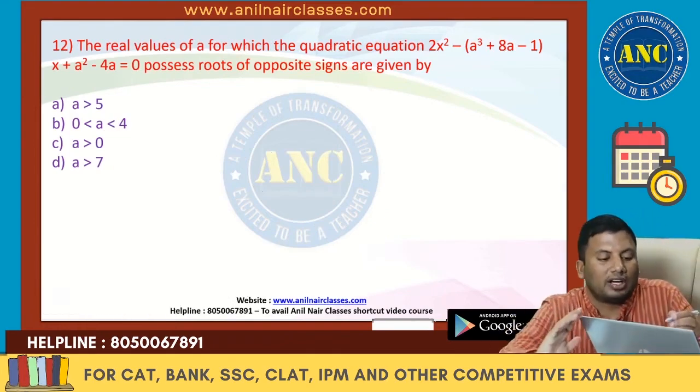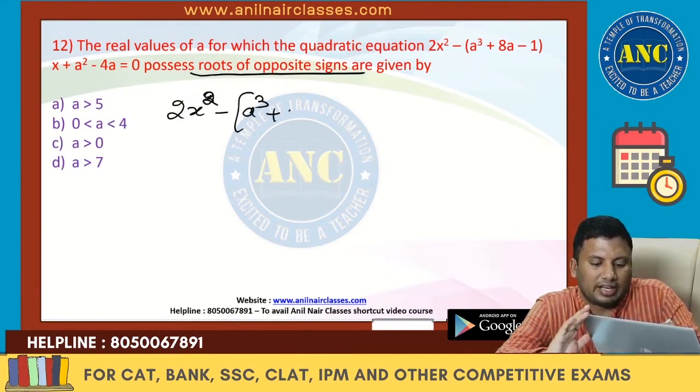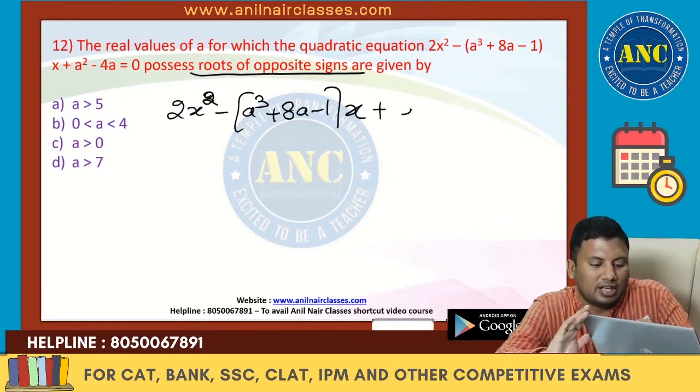See, this is what I am saying. There are a lot of CAT replica questions that will come. 2x square minus of, it can give any complicated equation, minus of 8 cube plus 8a minus 1 into x plus a square minus 4a equivalent to 0.